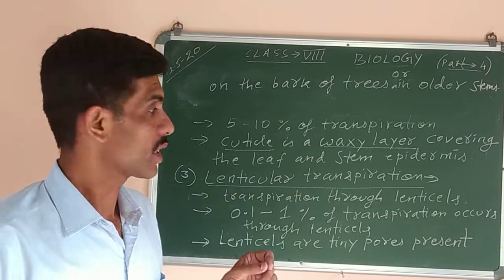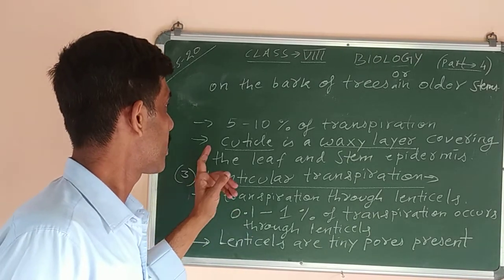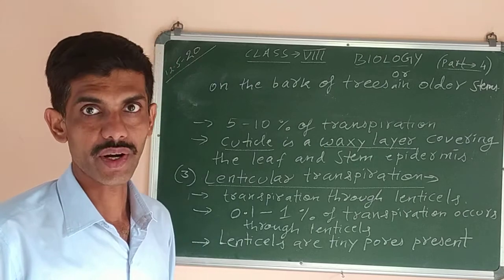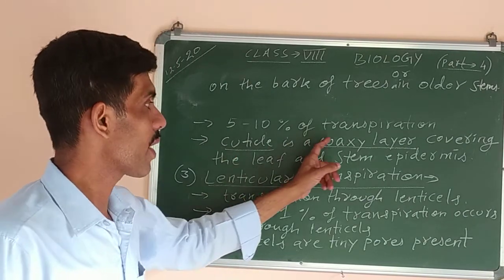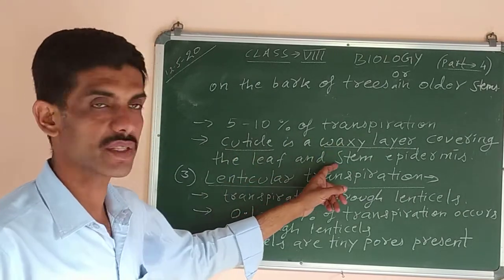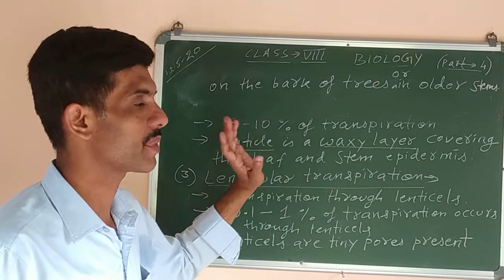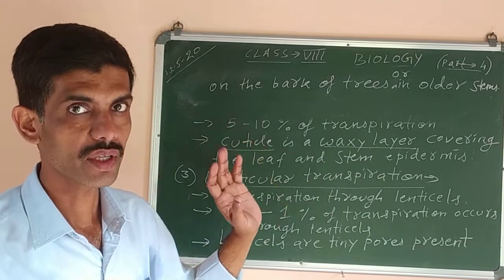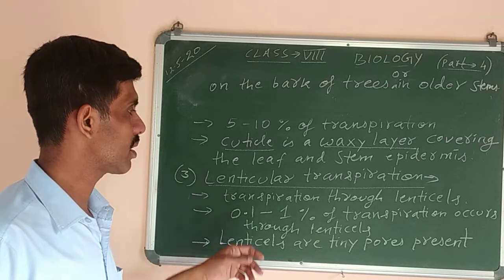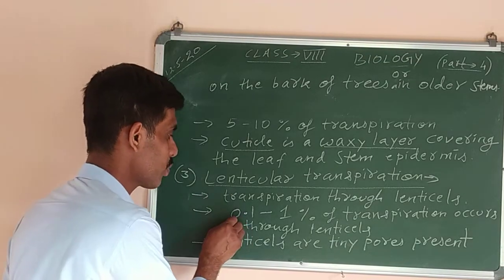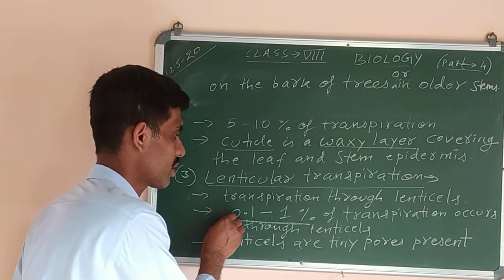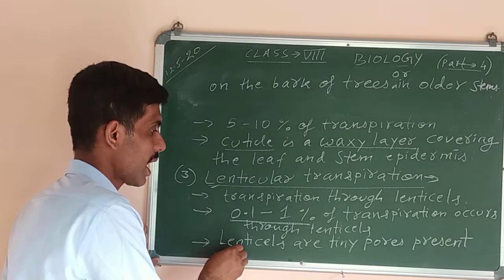And next we studied the second one, that is cuticular transpiration. What is cuticle? Cuticle is a waxy layer which covers the leaf and stem epidermis, and only 5 to 10% of transpiration occurs through cuticle. Then third one is lenticular transpiration. Only 0.1 to 1% of transpiration occurs through the lenticels. And what are lenticels?